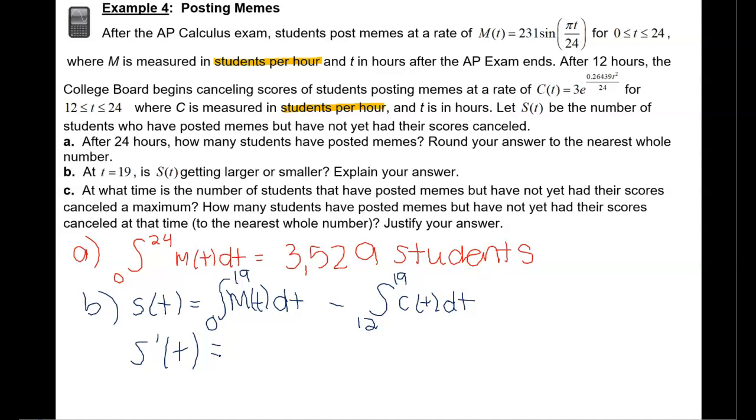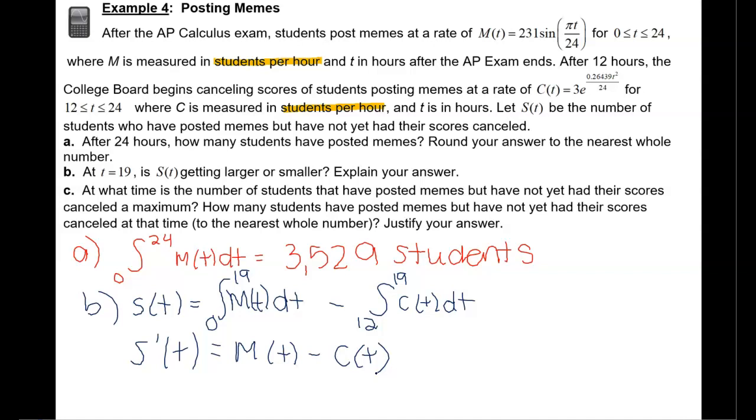Yeah, it becomes just the function, evaluated at its upper or lower limit. So S prime of t becomes M of t minus C of t, because we wanted its derivative.